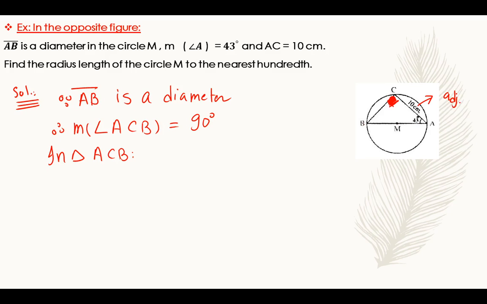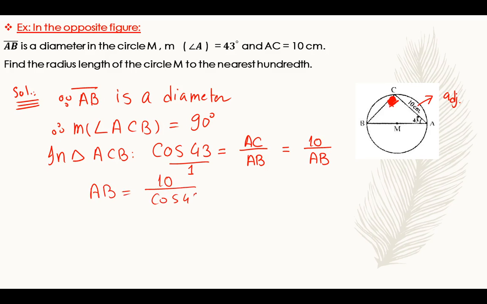We know the adjacent and we want to find the hypotenuse, so we will use cosine 43. So cosine 43 will be equal to adjacent AC over the hypotenuse AB. AC equals 10, AB is the unknown side. So to find AB, we write cosine 43 over 1, cross multiplication, so AB will be equal to 10 divided by cosine 43.